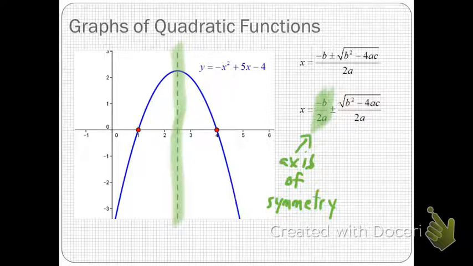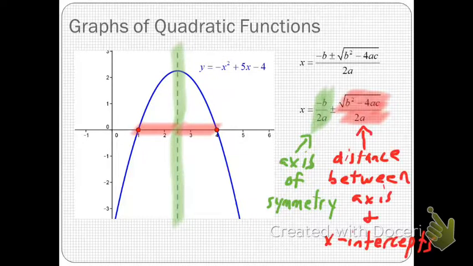Then, this portion right here, the square root of b squared minus 4ac over 2a, what it actually tells you is how far each of the x-intercepts is from the axis of symmetry. So that portion tells you the distance between the axis of symmetry and the x-intercepts.